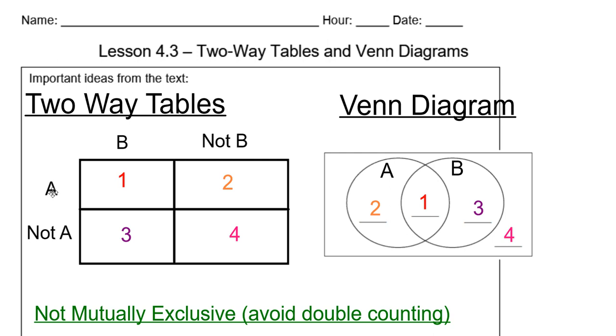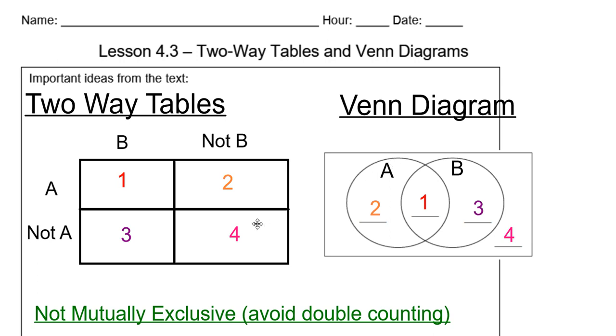So remember, this is talking about events A and B happening at the same time, and that's your intersection of the Venn diagram. When we're talking about solely A users and not B, this section here, that top right of the box, is going to go in the left moon of your Venn diagram.